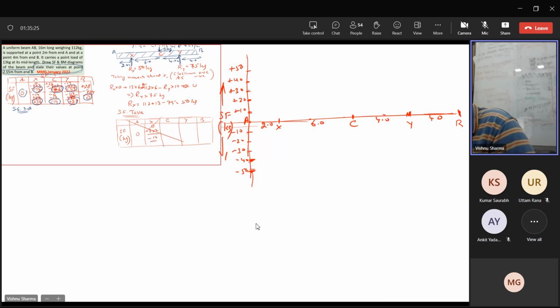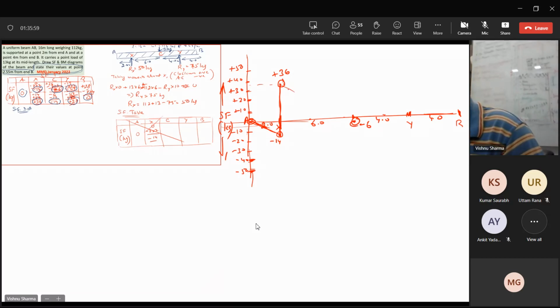Then we have 0. Then we have minus 14. And then we have plus 36. A to X is a straight line. Then it goes to plus 36, somewhere here it goes like this, and it goes to minus 6.